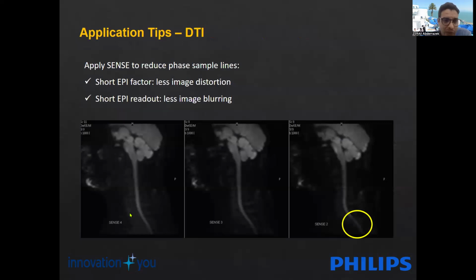Here, just try to apply sensitivity encoding, or propeller, or GRAPPA on Siemens, or other types on different vendors. When using a short echo planar imaging factor, we have less distortion. But when using a short PI reduction, we can get less image blurring.